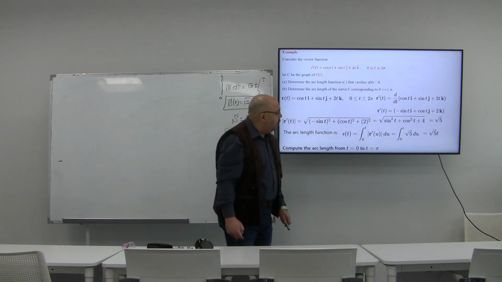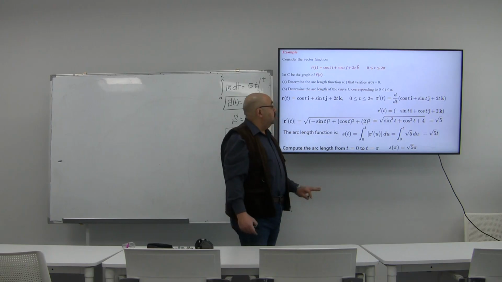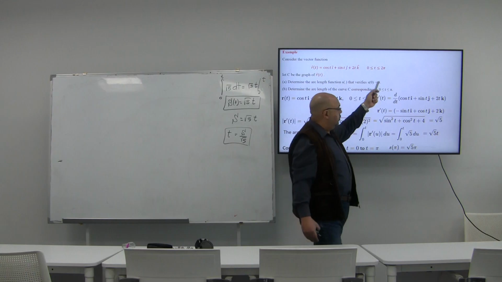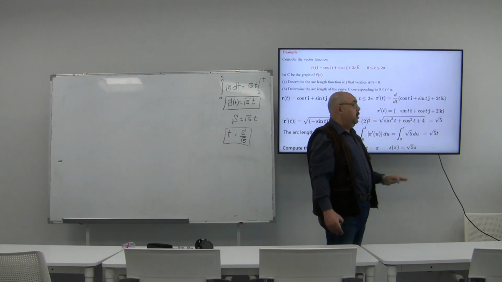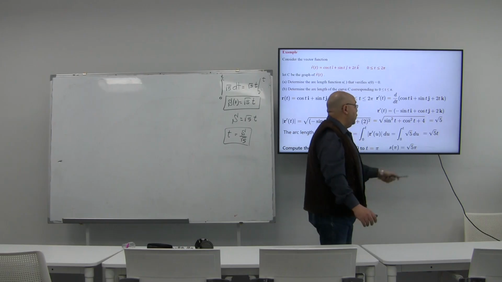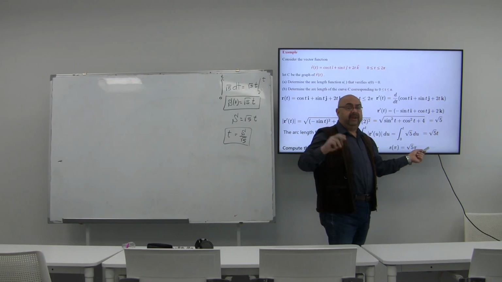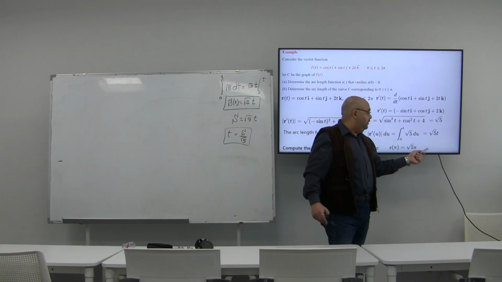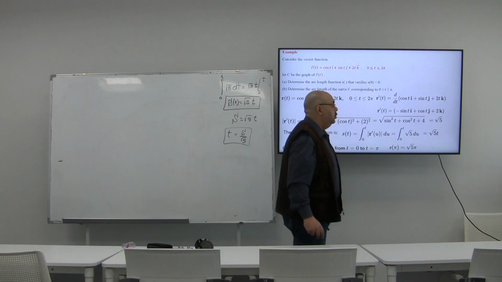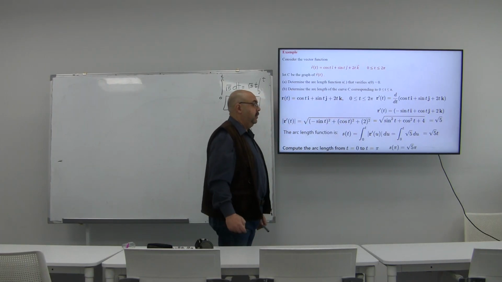That's going to be root 5 pi, as I told you exactly. So having the function and s at t equal to 0 equal to 0 will simplify your life as much as possible. Because once you have the arc length as a function in t and you want to evaluate it at this value, all I have to do is make this substitution and you will end up having s of pi equal to root 5 pi. That's it.